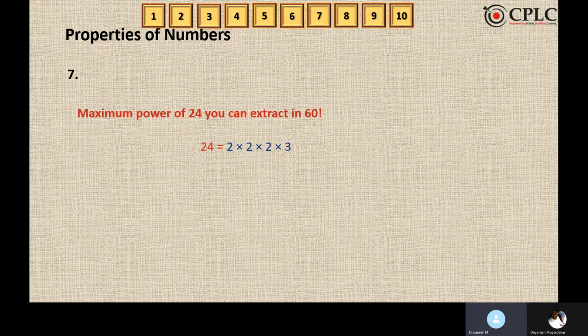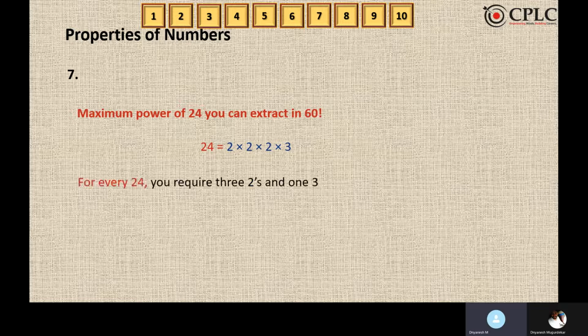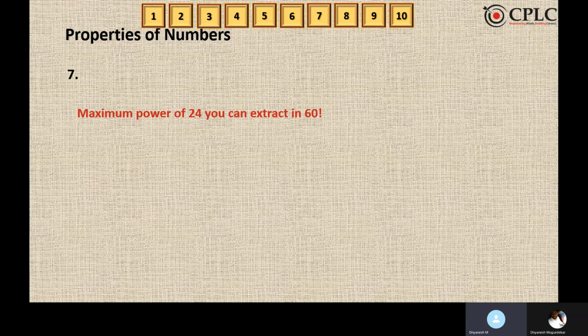And if such is the case, that means we need to first find out both of them: in 60 factorial, how many 2s and how many 3s are there in totality, and then according to the requirement, make the groups and then compare the last part. So let's figure out how many 2s are there in 60 factorial.